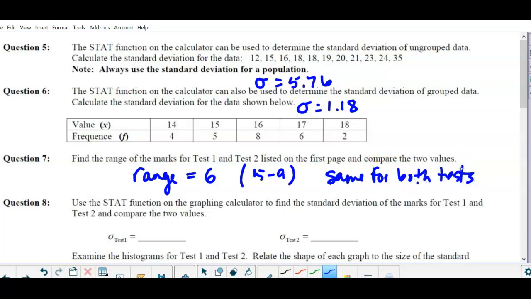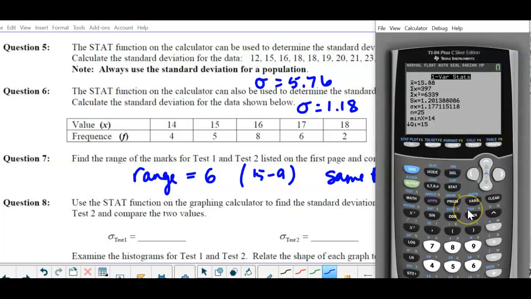Okay, it says use the stat function on the graphing calculator to find the standard deviation of the marks for test 1 and test 2. So that's why I asked you to keep those lists in, to make it easier.